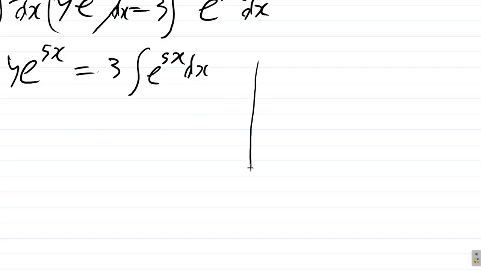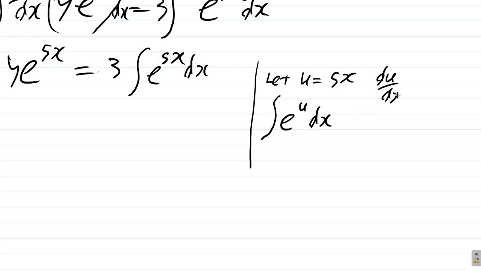Now, if you look at this, say let u be equal to 5x. So what you have is the integral of e to the u dx, but you want du. So du by dx is equal to 5.